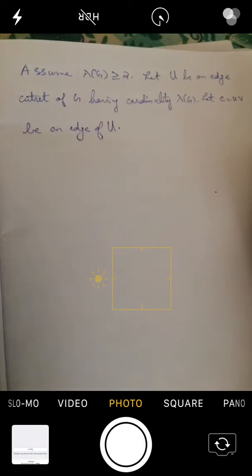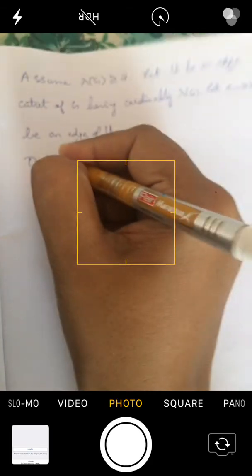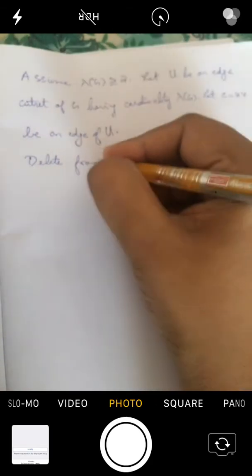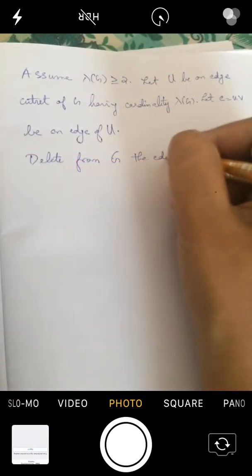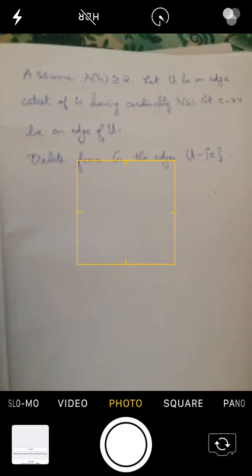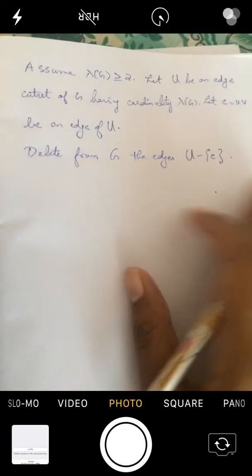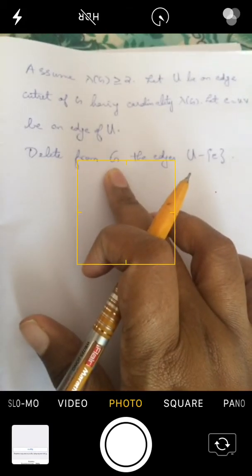Now delete from G the edges U minus E. Now what we are doing is we delete all those edges from U except the edge E from G. What will happen?